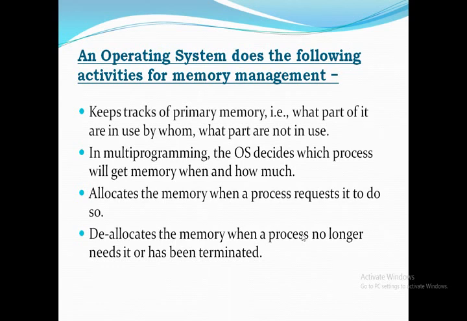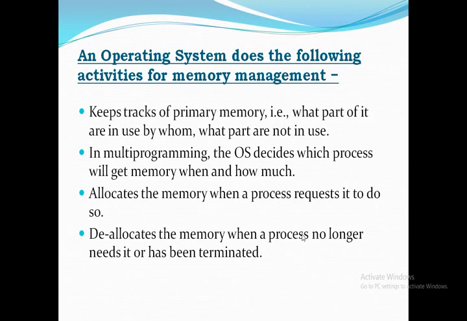It keeps track of primary memory, that is, what parts of it are in use and by whom, and what parts are not in use. In multiprogramming, the OS decides which process will get memory, when, and how much. It allocates the memory when a process requests it to do so, and deallocates the memory when a process no longer needs it and has been terminated.